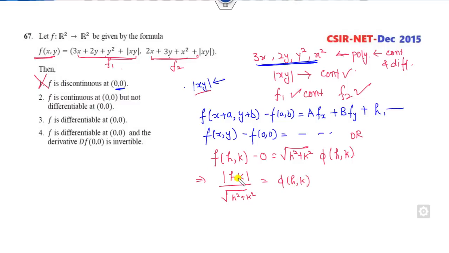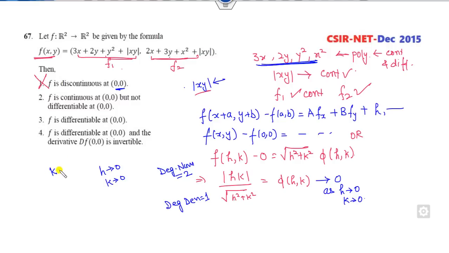Now our target is to prove whether this limit exists or not. As h approaches 0, k approaches 0, clearly, what is the degree of the numerator? Degree of the numerator is 2. Degree of the denominator is 1. So the degree of the numerator is greater than that of the denominator, so definitely it goes to 0.